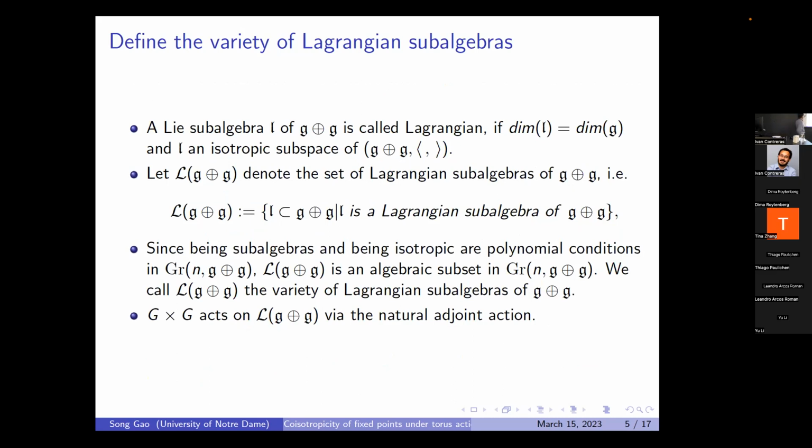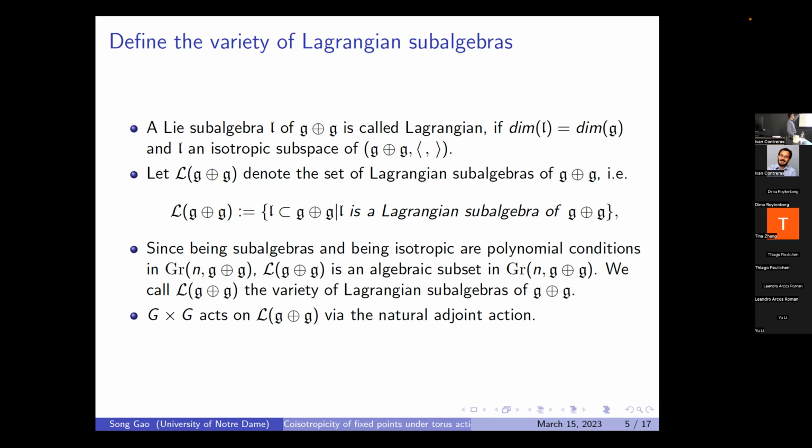And here comes the definition of Lagrangian subalgebras. A Lie subalgebra of G plus G is called Lagrangian if its dimension is equal to the dimension of G, which is half of the double.